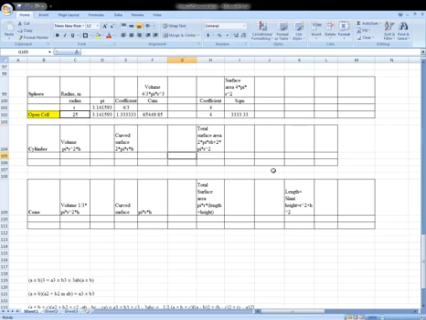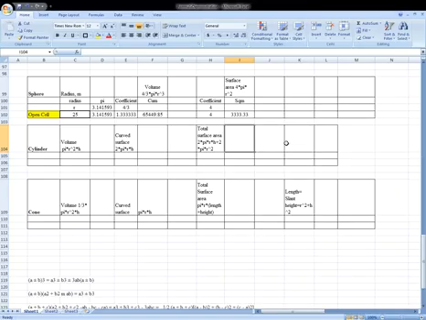Then total surface area is 2 pi r h plus 2 pi r square. So we require r, h, and pi, and of course a coefficient 2 for the curved surface.